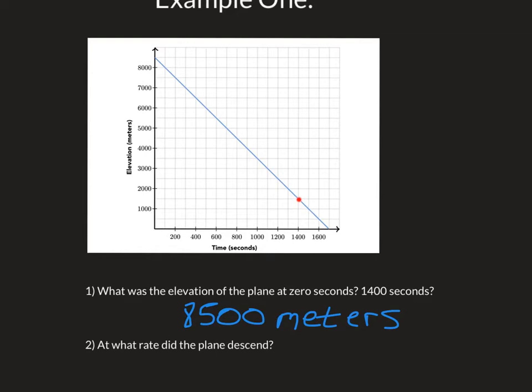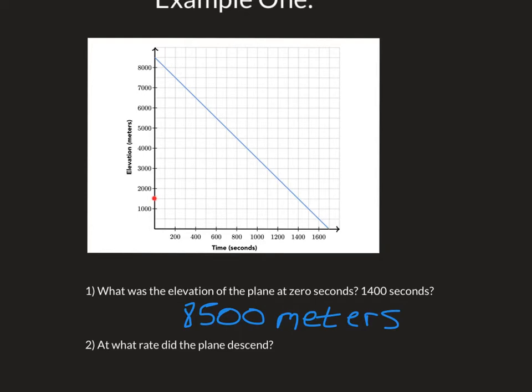Then we need to see what our elevation was. If we go across to where we were, it's right here. What's the number that represents that block? Remember that each block represents an increase of 500 meters. So, because our line is right here at 1400, it's going to be 1500 meters.